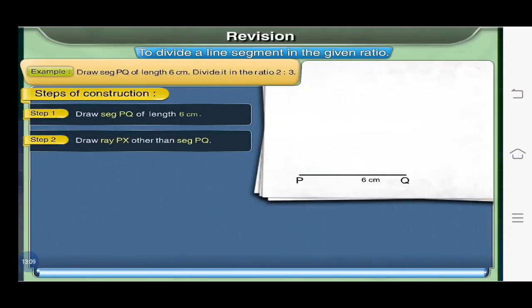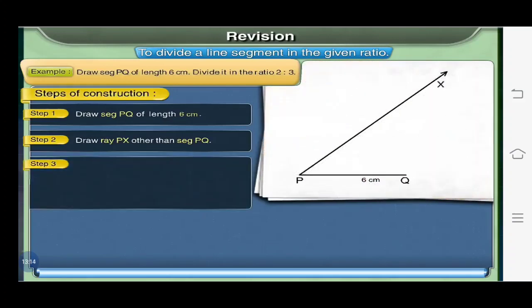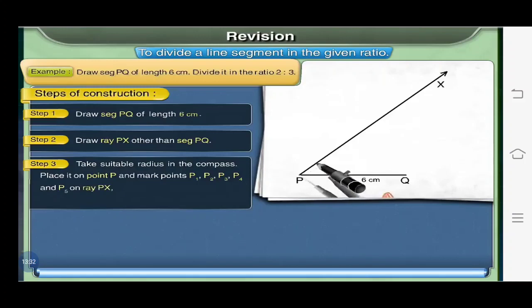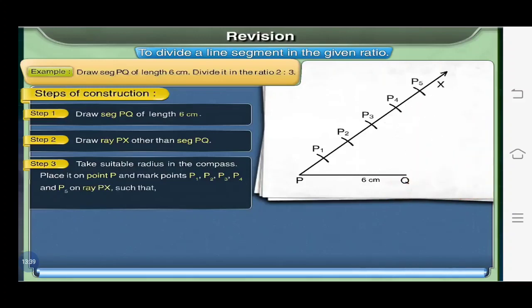Take suitable radius in the compass, place it on point P and locate points P1, P2, P3, P4 and P5 on ray PX, in such a way that PP1 is equal to P1P2 is equal to P2P3 and so on. Step 4. Join QP5.